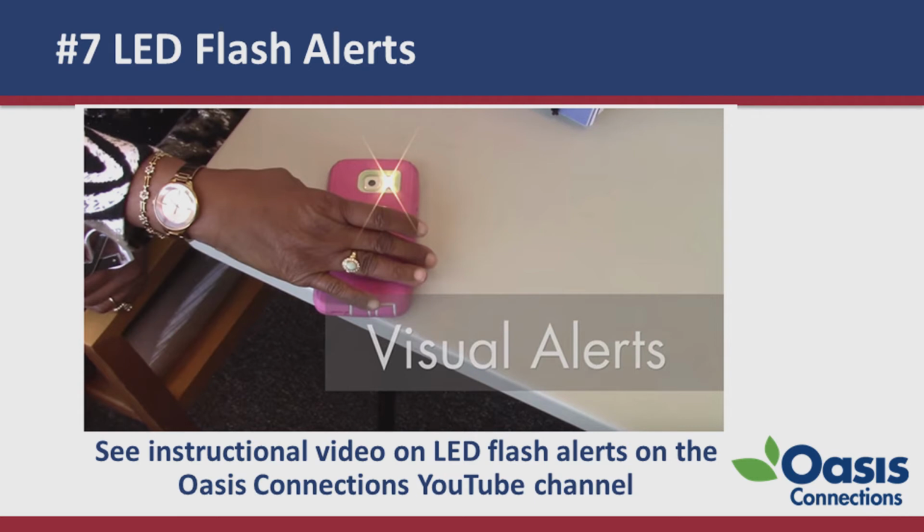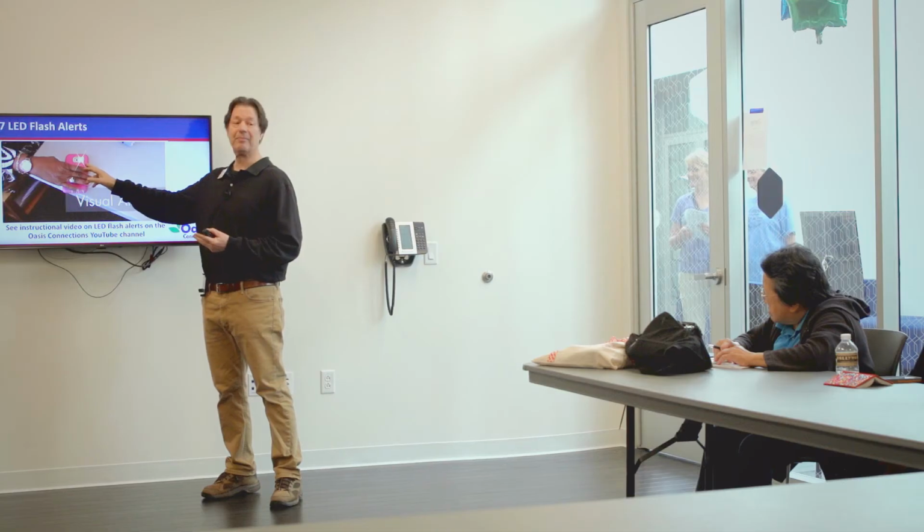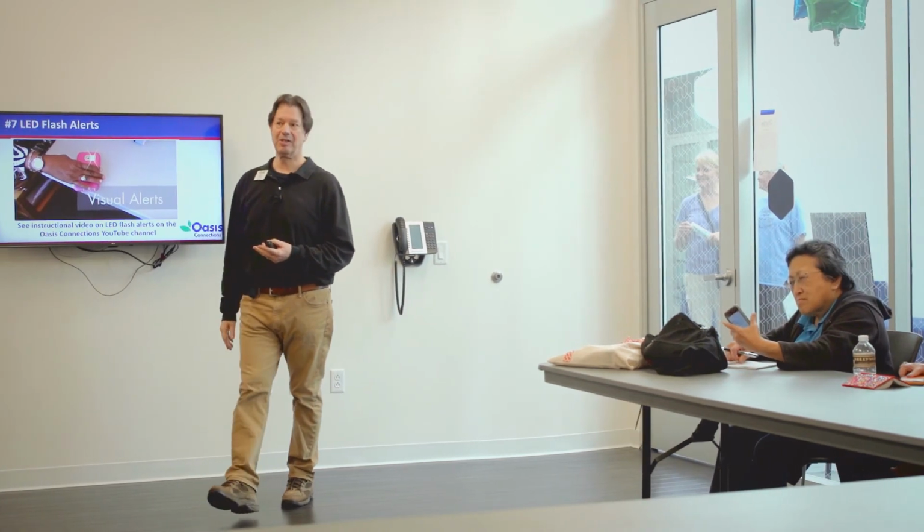One of the things that can be quite convenient, we've talked about, well, you can turn your ringer on really loud. You can turn it on vibration. But if you remember to consistently put your phone down face down, it'll light up, it'll flash. Some people like that, and some people notice that kind of thing quite handily.